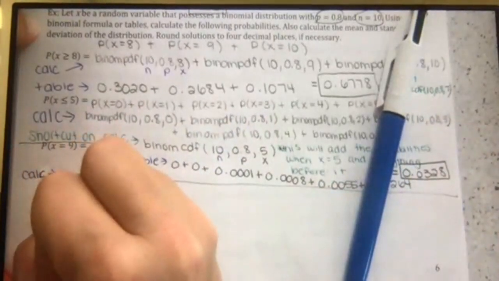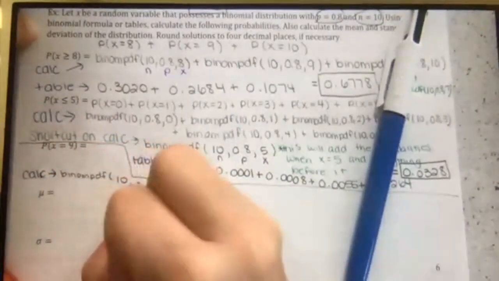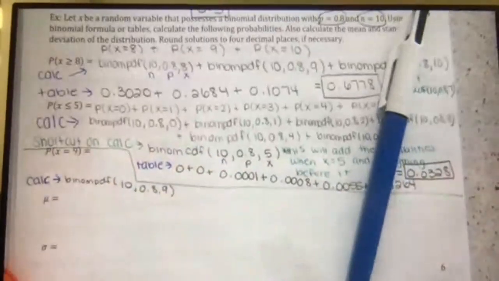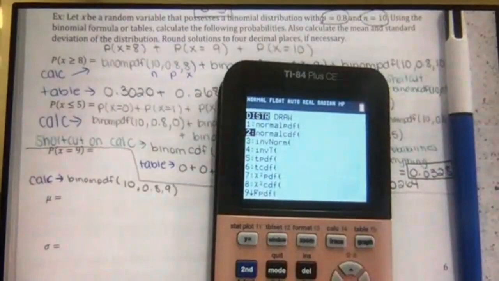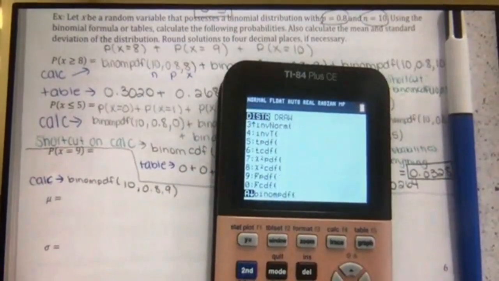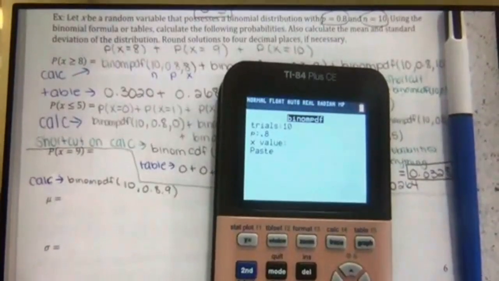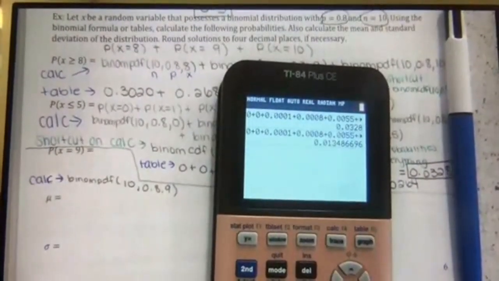So binom PDF: 10 is my n value, 0.8, and when x is 9. So second bars, I have binom PDF. PDF just does one at a time, so 10, 0.8, and when x is 9, boom, there's my answer.